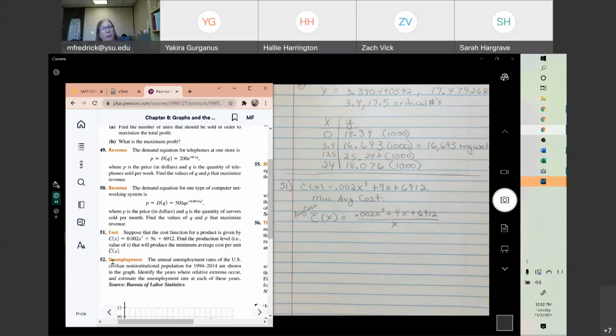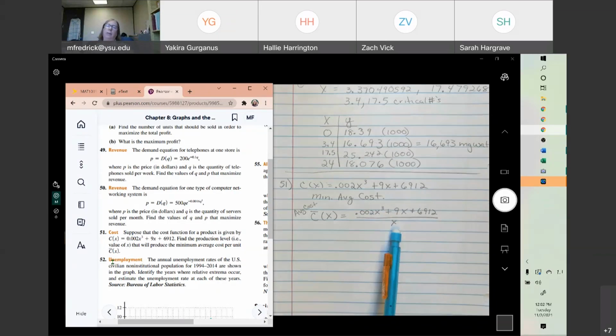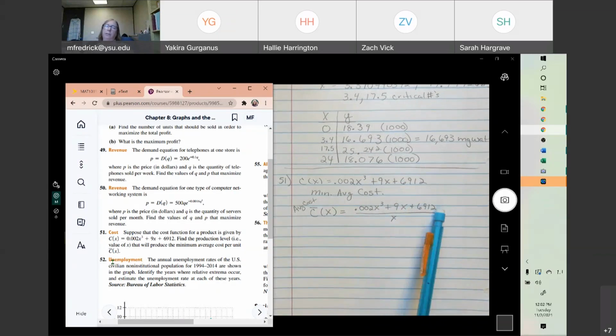To find the minimum, you need to find the critical value that gets you your minimum. And to find that, there are a couple ways we could go about it. We have to take the derivative. But there's only one term and it's only an x. We could divide this x into each of them and then have just the power rule rather than the quotient rule.